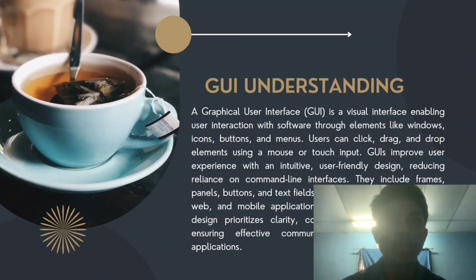They include frames, panels, buttons, and text fields, and are widely used in desktop, web, and mobile applications for seamless navigation. GUI design prioritizes clarity, consistency, and responsiveness, ensuring effective communication between users and the application.